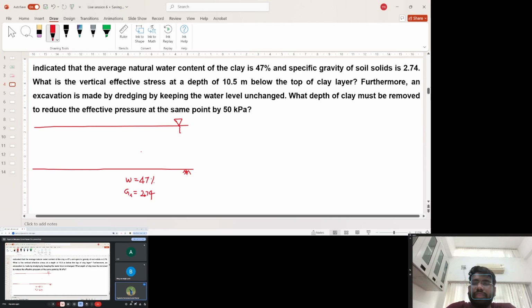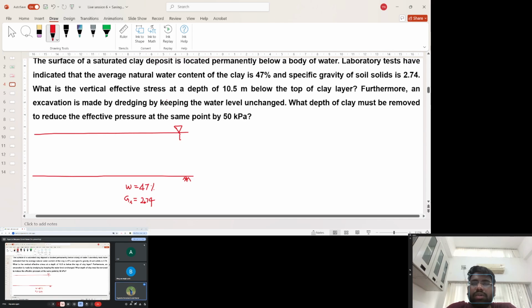So now what we have done is we have translated it. Here we don't know the H. Let us see if it is actually required or not.